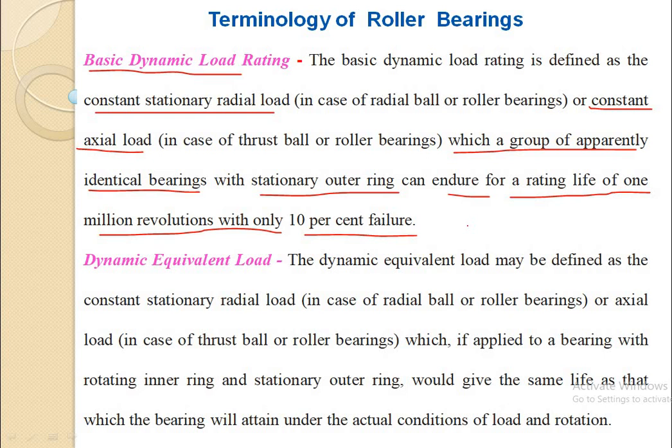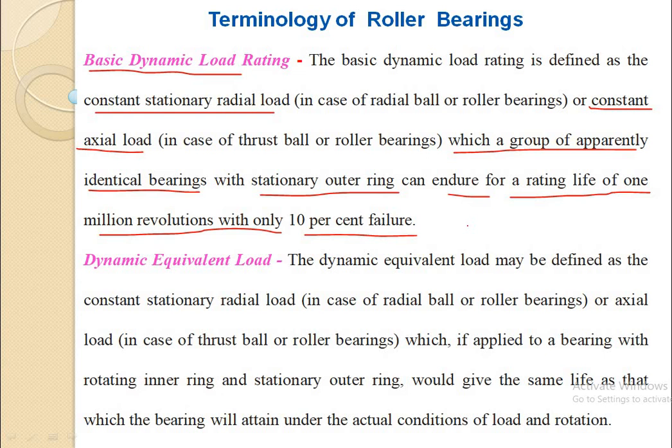If a constant stationary radial load or constant axial load is acting on the bearing, depending upon whether it is a thrust bearing or radial bearing, and under the application of this load, a group of identical bearings with stationary outer ring can sustain a rating life of 1 million revolutions with only 10% failure, then that radial or axial load acting on the bearing is known as the dynamic load rating.